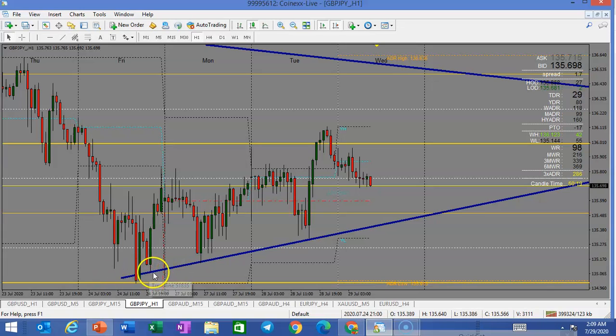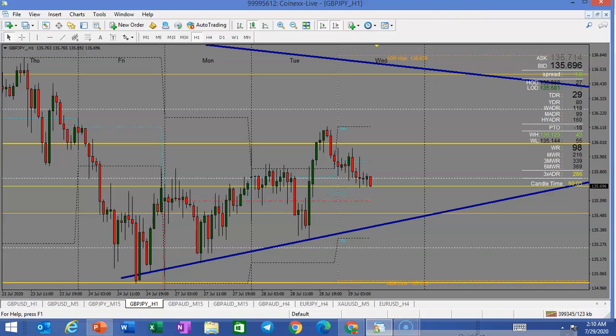Now, we have at least 4 touches on this trend line, so I am under the assumption that price is ready to bounce and rally up again.